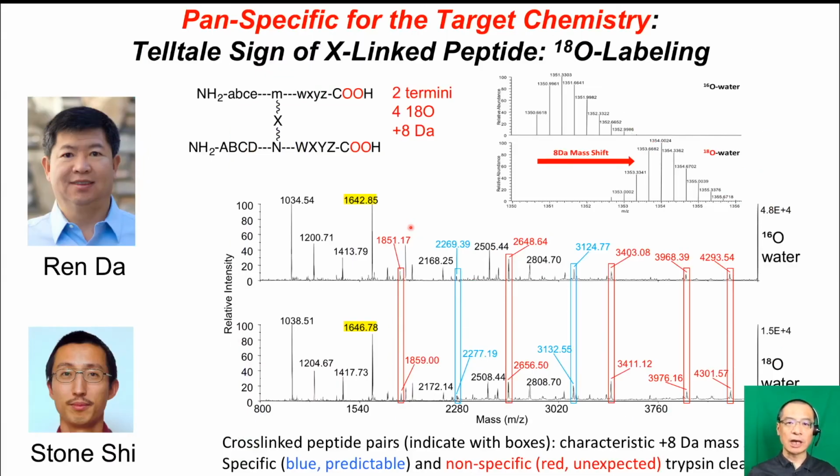For all these previously unknown or not predefined modifications, we have to develop a pan-specific method for the target chemistry. In this case, we label the protein with O18 water during digestion. Cross-linked peptides have two C-termini, compared to linear peptides, which only have one, so we're able to distinguish them by the mass shift from O16 to O18 water.